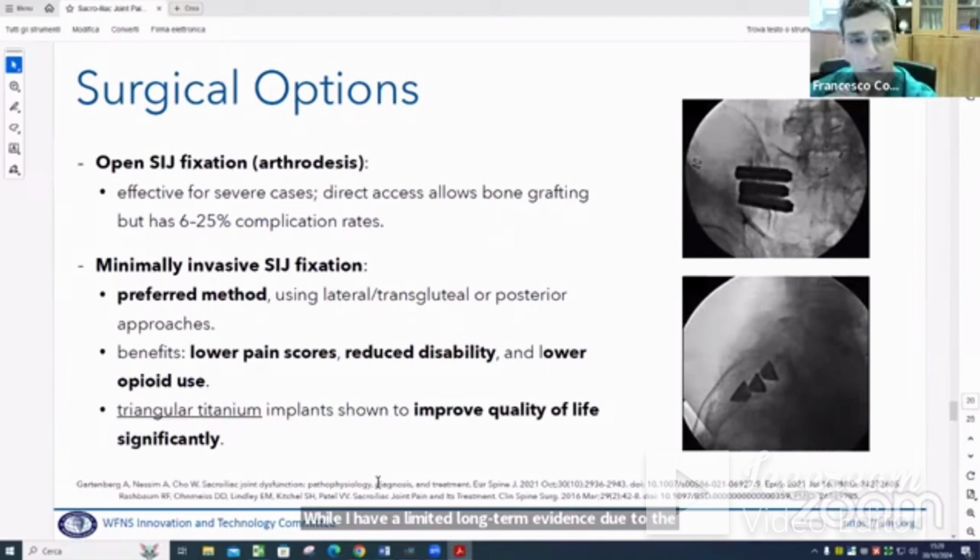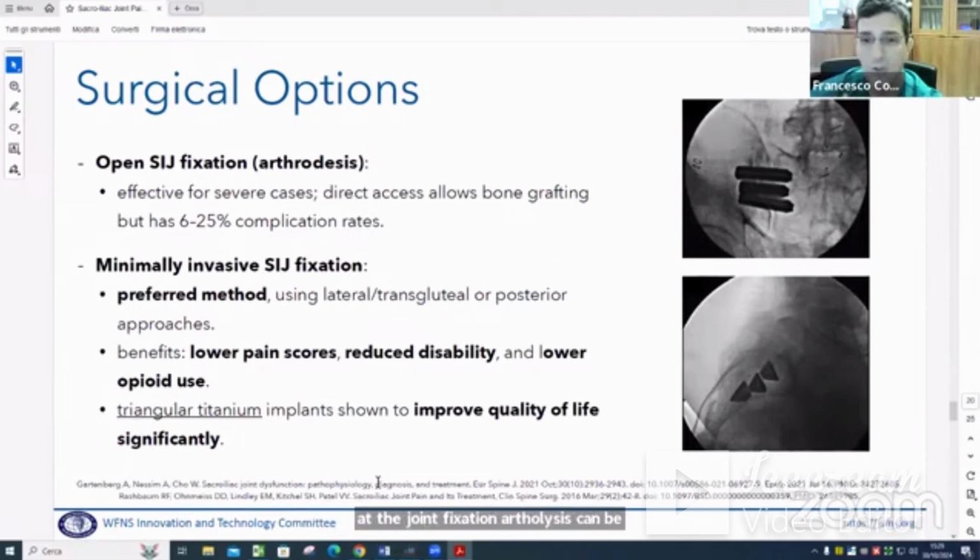From a surgical point of view, when there is a failure of the conservative treatment and there is a good diagnostic infiltrative test, an open sacroiliac joint fixation arthrodesis can be performed.